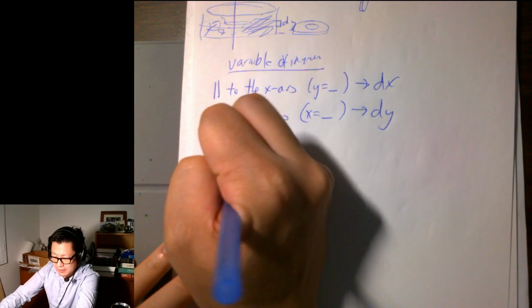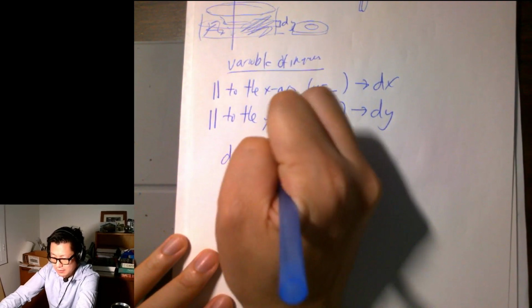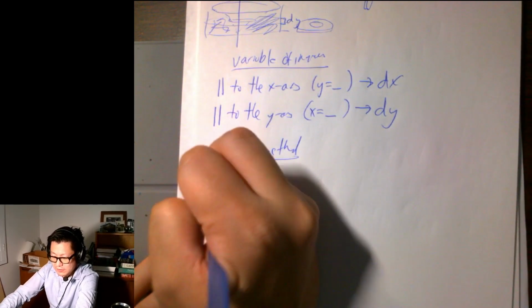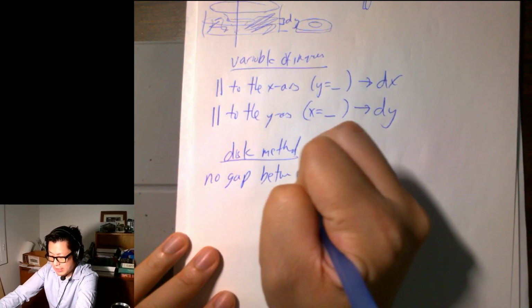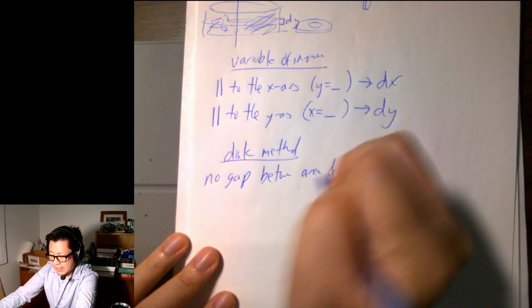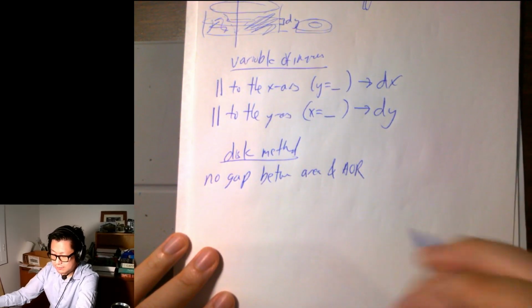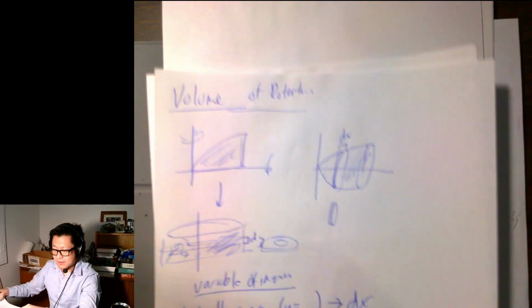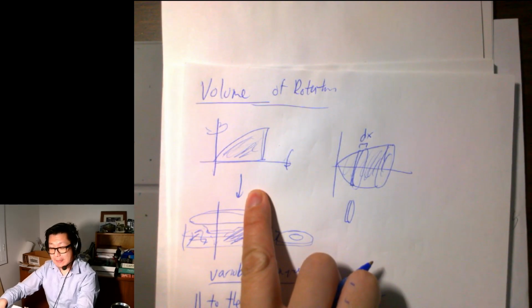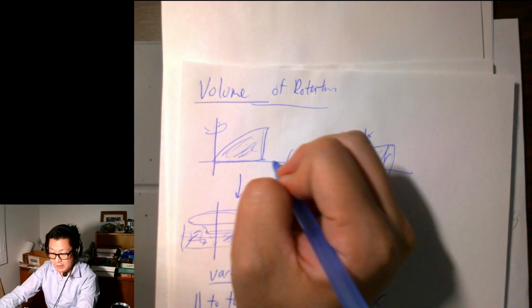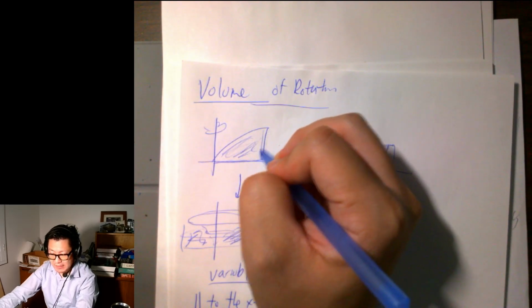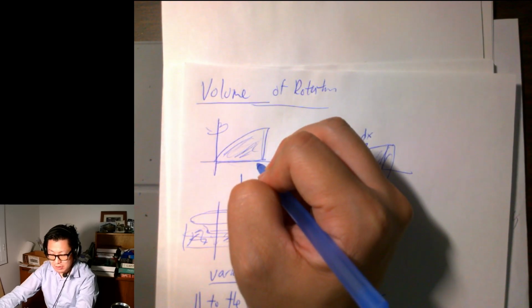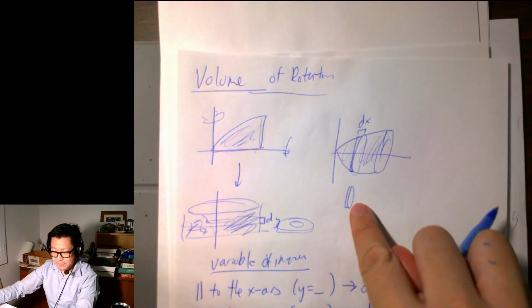Use disk method whenever there is no gap between the area and the axis of rotation. Going back to this graph, if I'm rotating about the x-axis, there is no gap between the area and the axis of rotation. Therefore, I'm going to use disks.